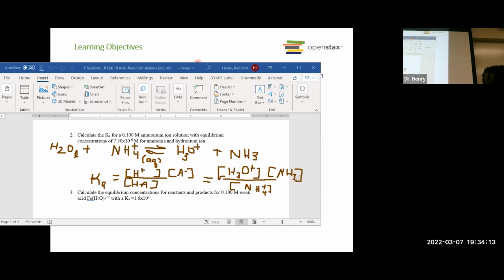Okay. So it's going to be 7.50 times 10 to the minus 6, and that's going to be squared, divided by 0.10.